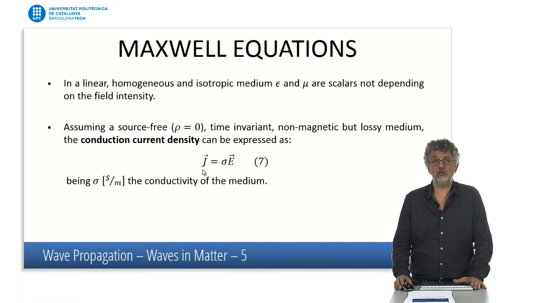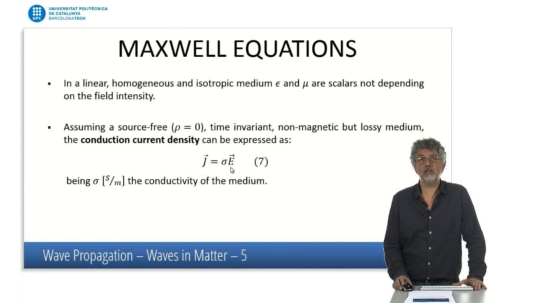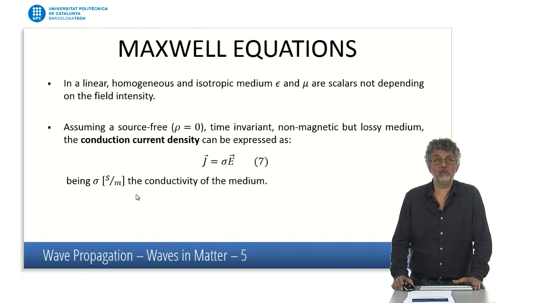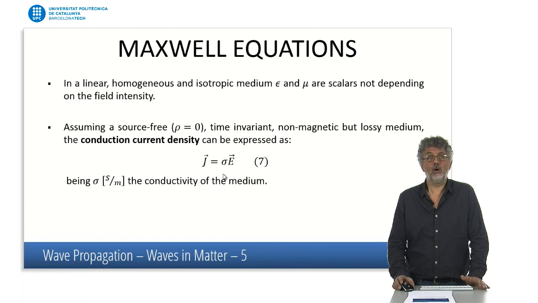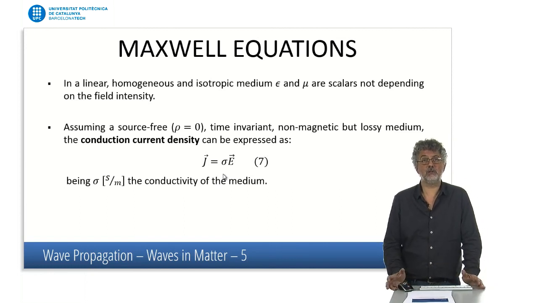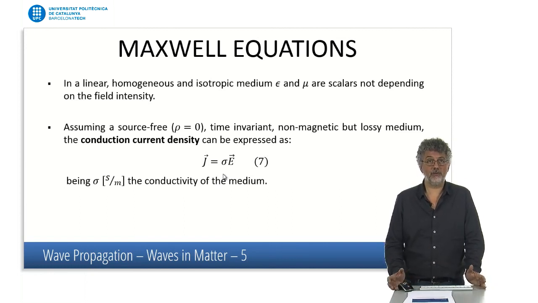J, which is the current density, is sigma times the electric field, where sigma is the conductivity of the medium, which is measured in Siemens per meter. Notice that this expression at the end is nothing else than Ohm's law, that expresses the current as a function of the field.